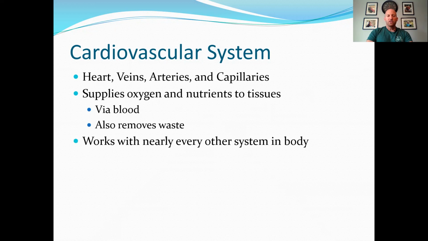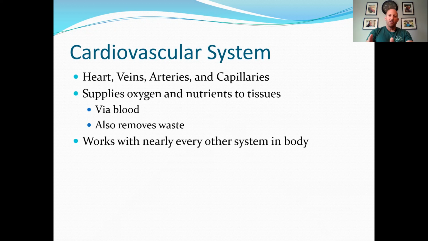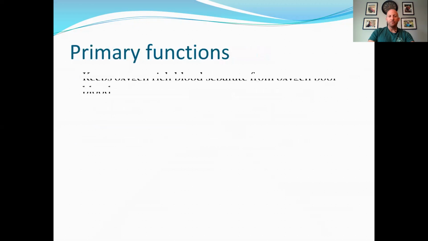If you remember, the cardiovascular system had to do with all of our vessels, so our veins, arteries, and capillaries. The main thing was that they supply oxygen and all the nutrients to our tissues. Pretty much every part of the body that needs blood is going to need the cardiovascular system.